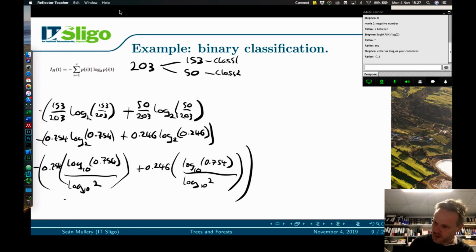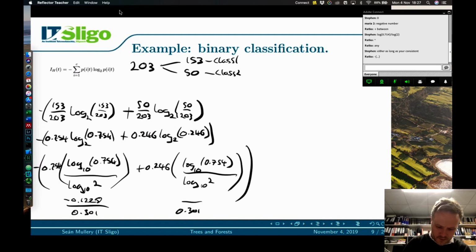So minus 0.1228. I think I didn't work out log to the base 2. I think I just used it. So log to the base 10 of 2 is 0.301. And we'll do the same there, 0.301.